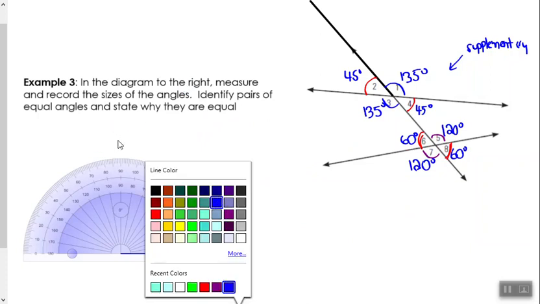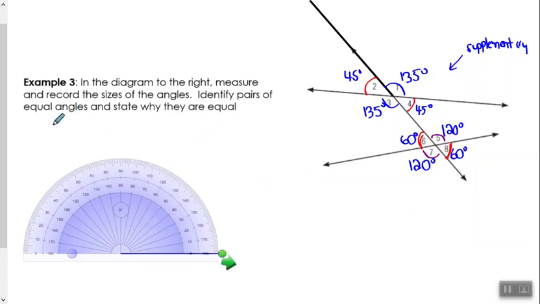So my pairs of equal angles are angle 1 and angle 3. We also have angle 2 and angle 4. There is angle 5 and 7. And angle 6 and 8.